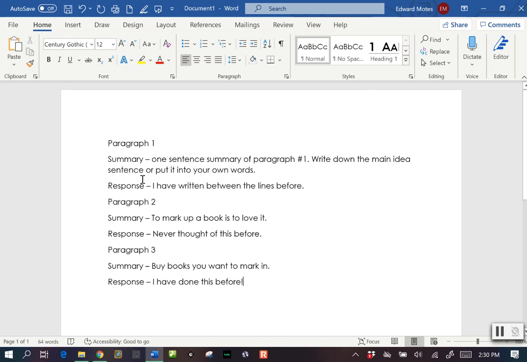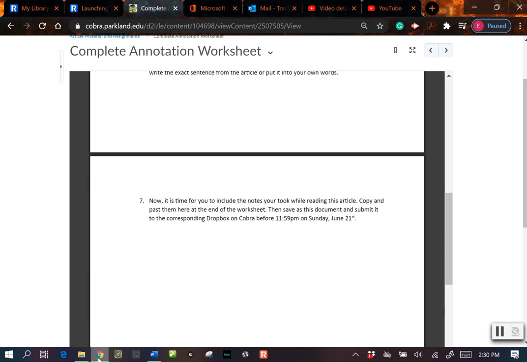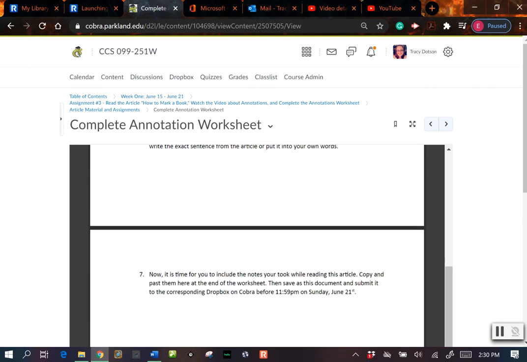So you took each paragraph, here's a quick summary, this was a summary sentence, and maybe a response to it. When looking at an article, I usually say at least 1 or 2 responses on each page of the article. And this article is 4 pages. So I would expect at least 4 personal comments in your notes, if not more.